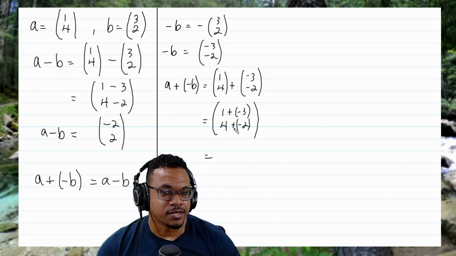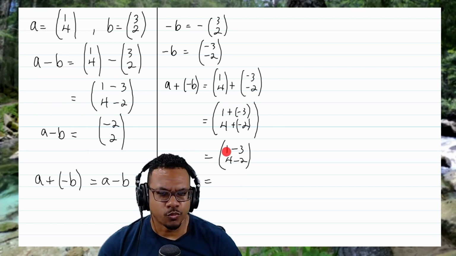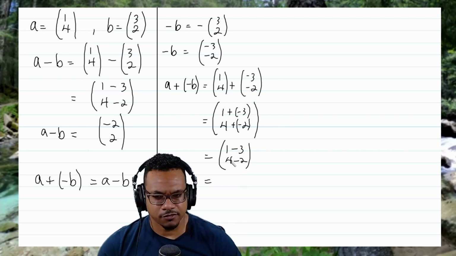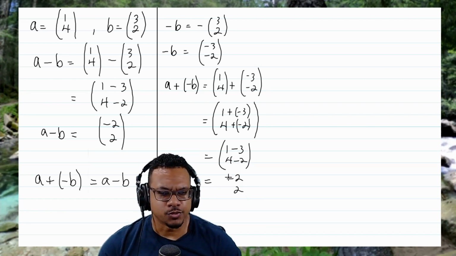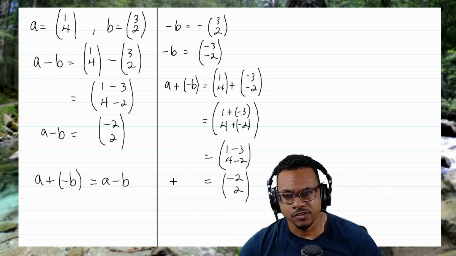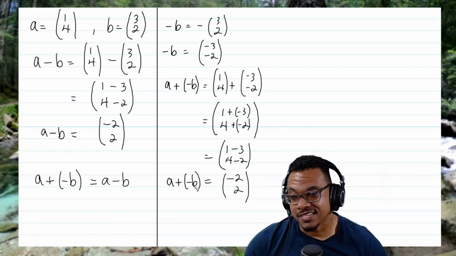And we'll do the same thing here. We multiply plus and negative sign and we get a negative sign. So we'll have 4 take away 2. So we'll have 1 take away 3 and 4 take away 2. And as we know, 1 take away 3 is negative 2 and 4 take away 2 is 2. So we have negative 2 and 2. And this will be the vector A plus negative B. So you can see A plus negative B is the same as A take away B.